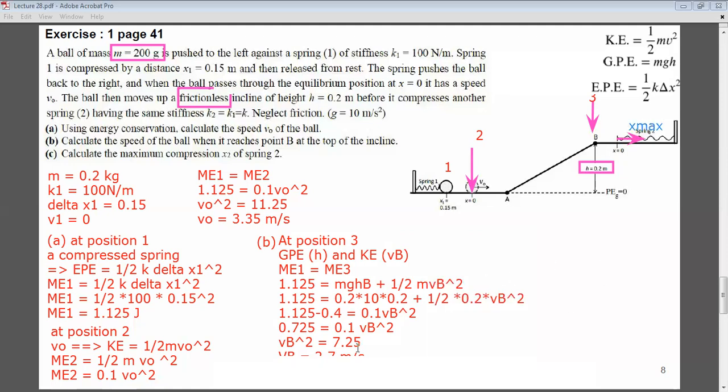Okay, so now we are at this position when it is maximum compressed. This is position 4.